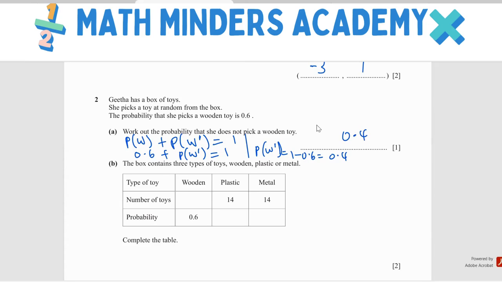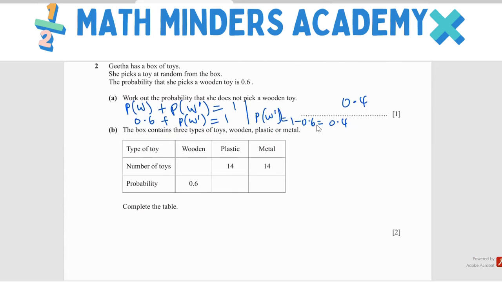Okay, so we are required to complete the table now. The box contains 3 types of toys: wooden, plastic or metal. So complete the table. Now, here, if you look at this, the probability here is going to be x.